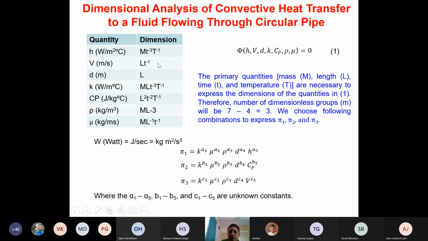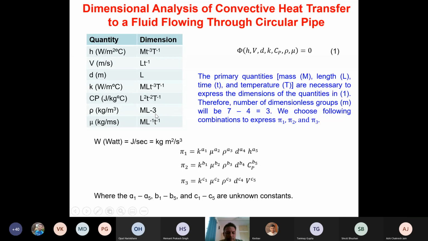Similarly, diameter is in meter, so that becomes L. Thermal conductivity is watt per meter degree Celsius, so that becomes M L T raised to the power minus 3 into capital T raised to the power minus 1. Cp is L square T raised to the power minus 2, capital T raised to the power minus 1.